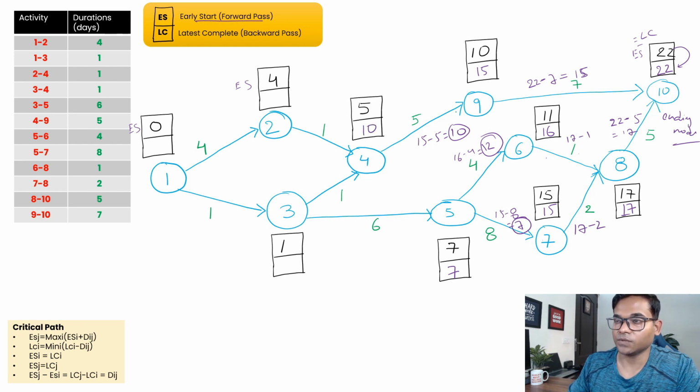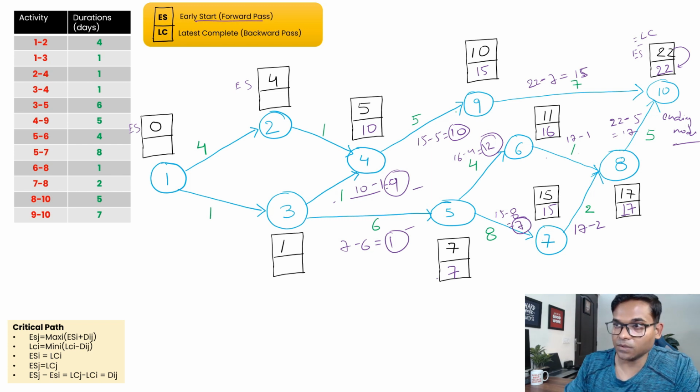For this part from 4 to 3, 10 minus 1 is the duration, so it's a 9. Or for this part, 7 is the LC, so 7 minus 6, which is 1, so we have 9 or 1. We know for backward it's always the minimum, so we take 1.